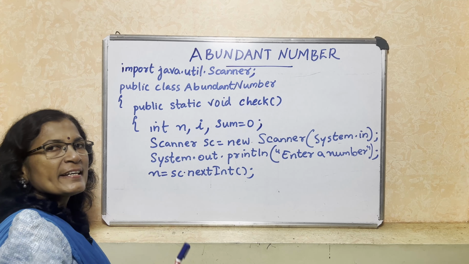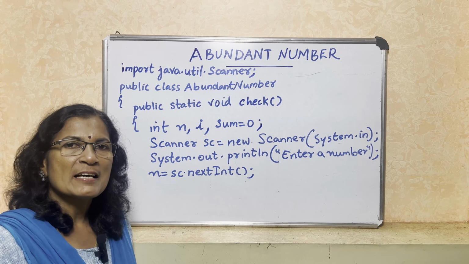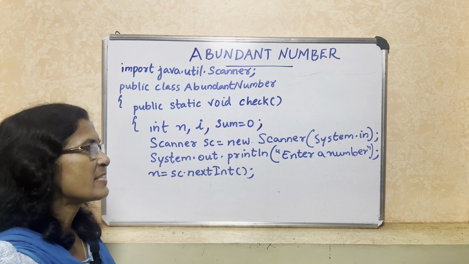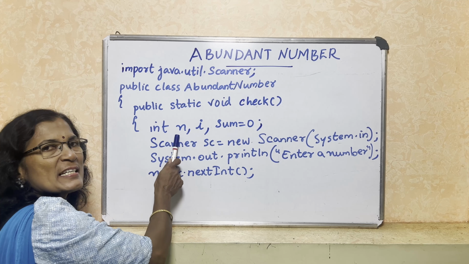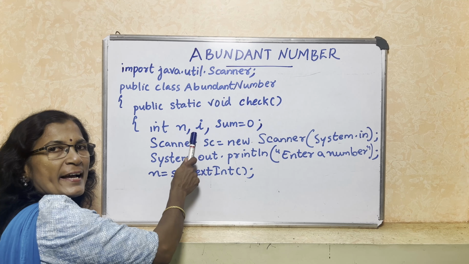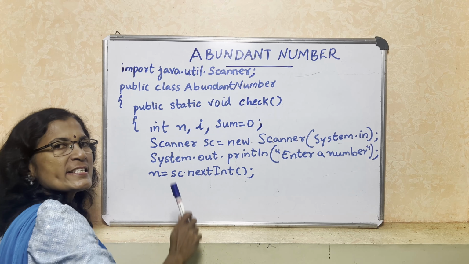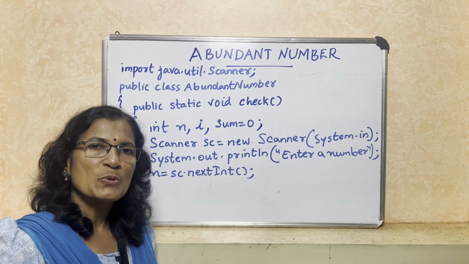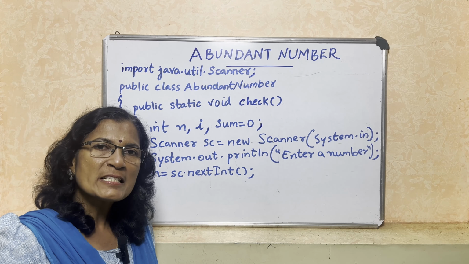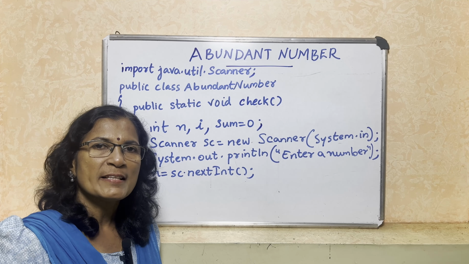In the next line, the required number of variables are declared and initialized: an integer type variable n to store the input from the user, the loop index variable i, and a variable called sum, initialized as 0. Sum is used to store the sum of all the factors except the input number.